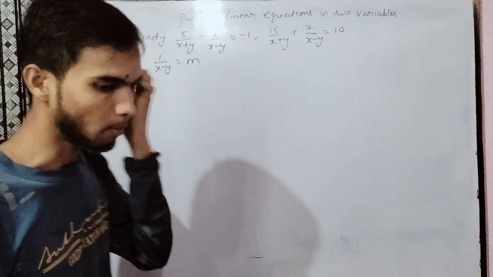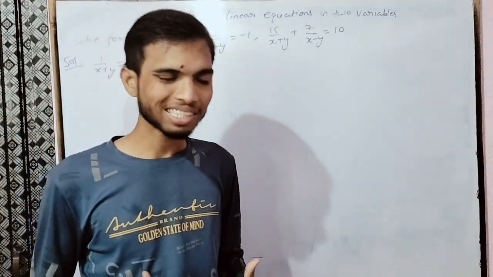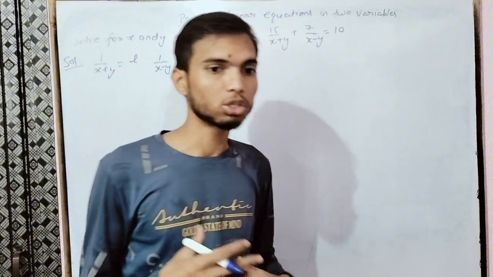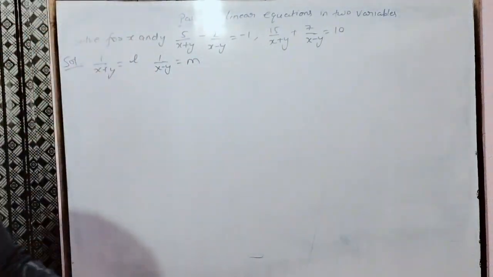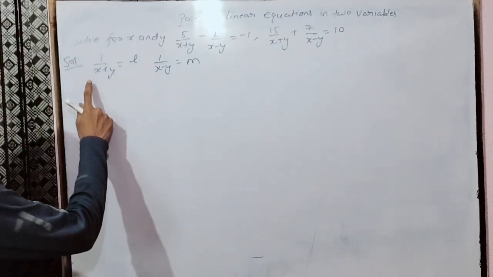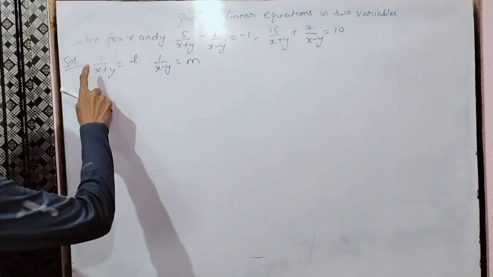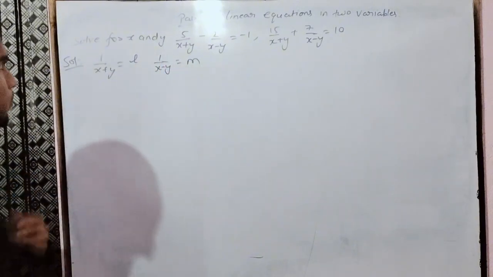Our main purpose is to find the value of x, logically and with the elimination method. So here we are assuming this is equal to l and this is equal to m.